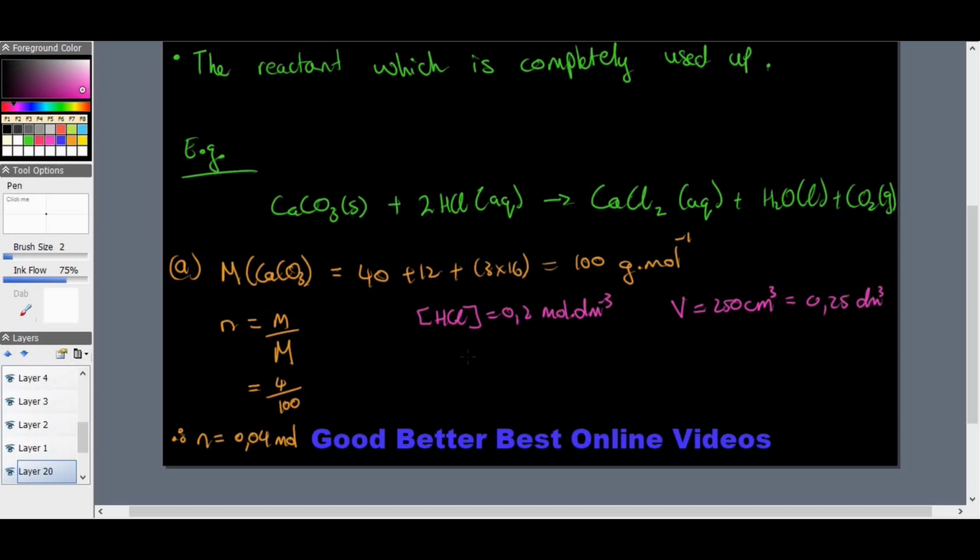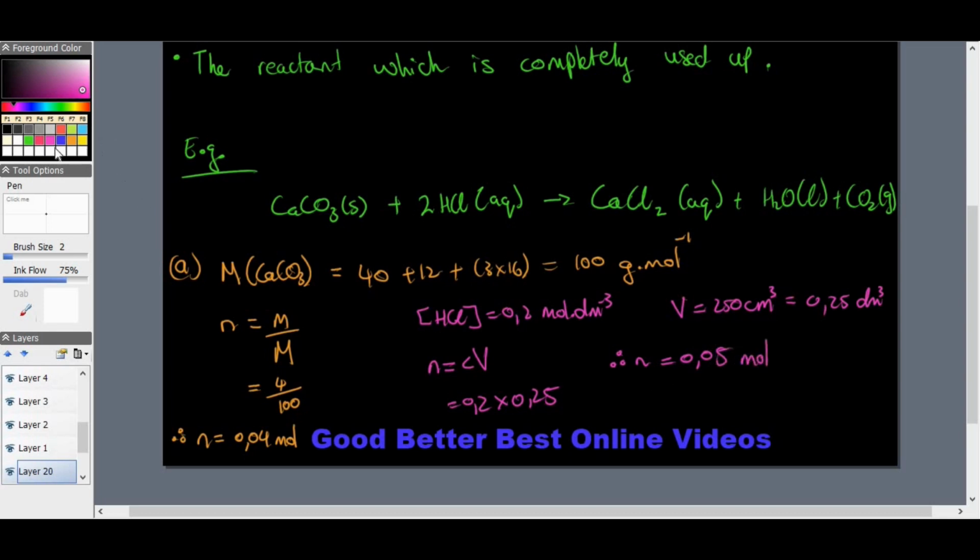Now that we have that, the number of moles, using the concentration formula, C equals n over V. So n is equal to C times V. We have 0.2 multiplied by 0.25, and therefore the number of moles in this case is 0.05.